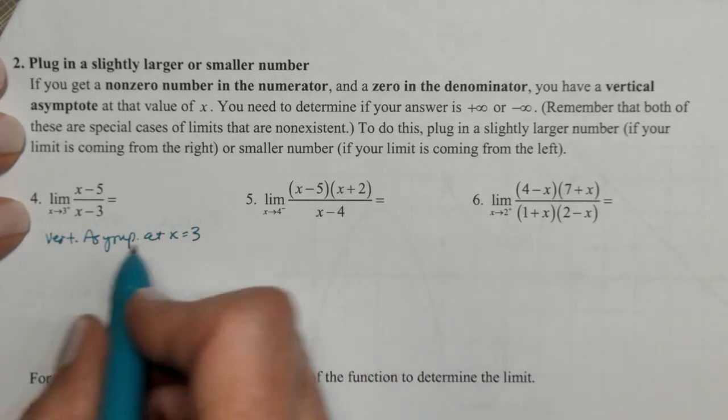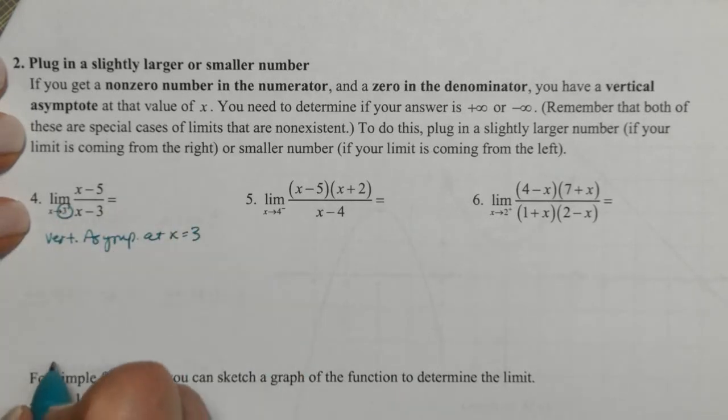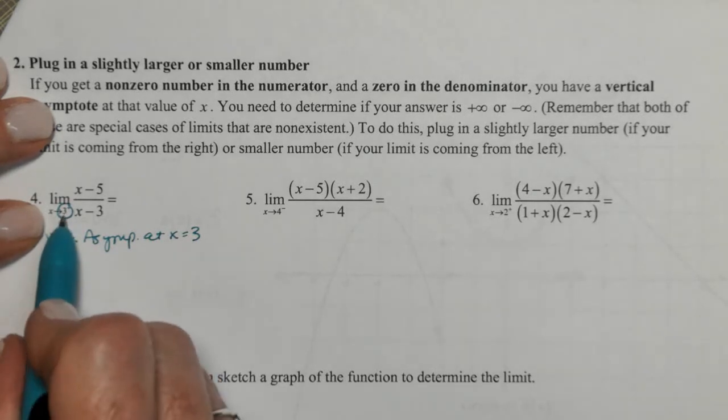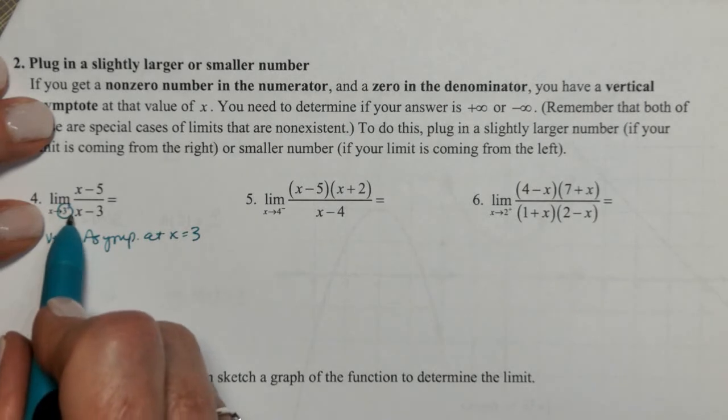To find out which one, we are approaching 3 from the right. So let's plug in a number that's close to 3, but on the right side of 3. What number is on the right side of 3 that's close to 3?